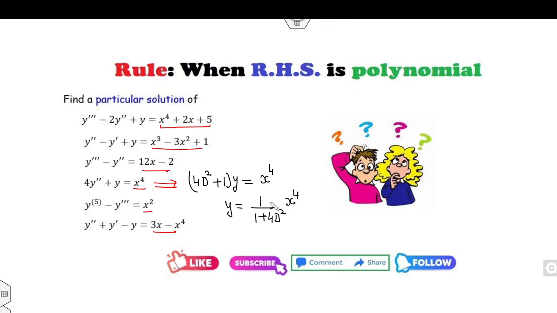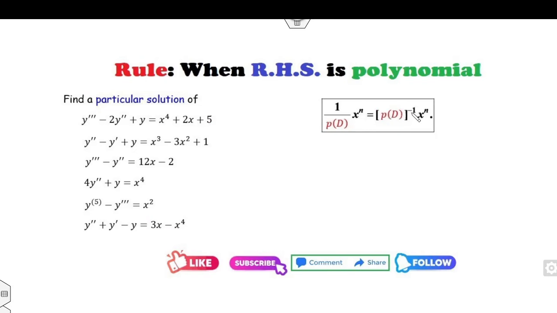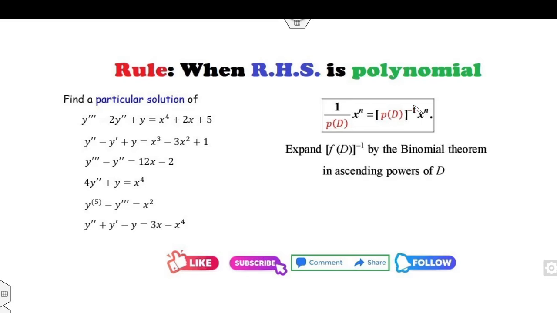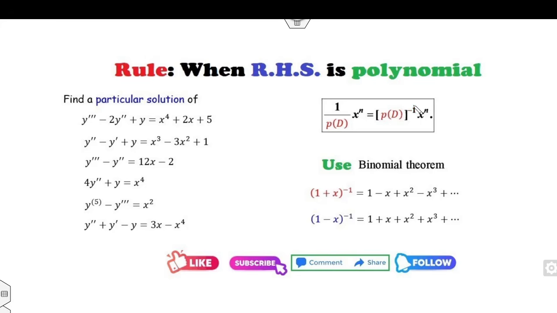Then whenever you write this value, you can express this denominator always in the form of power -1. Fine. So whatever the function you have obtained, it is always written in the form of inverse. Once you write in terms of the inverse, then we can apply the binomial theorems like (1 plus x) raised to power -1 or (1 minus x) raised to power -1.